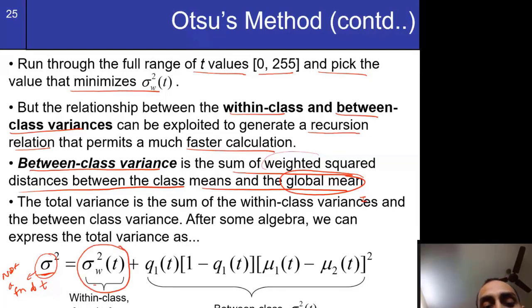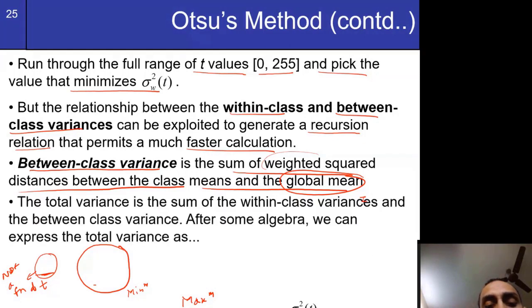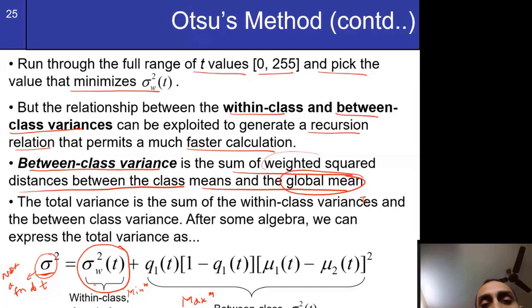So now, trying to minimize this within class variance is the same as maximizing this between class variance. Earlier we were trying to minimize this, but to minimize it we'd have to calculate all these values, the equations that we have seen. But instead of minimizing this, we try to maximize this, why?